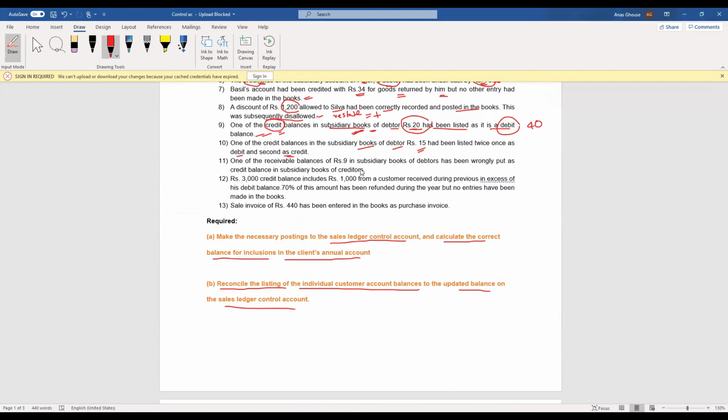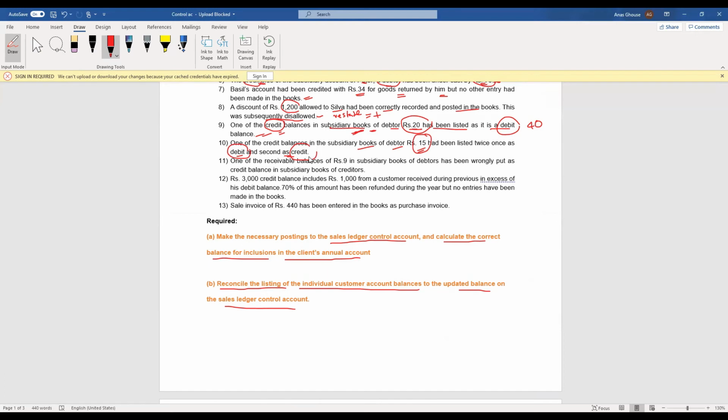Since the same amount has been debited and credited, the impact is 0. However, we need to record the correct amount. What should be the correct amount? You should credit 15 to the credit balance of the debtor.